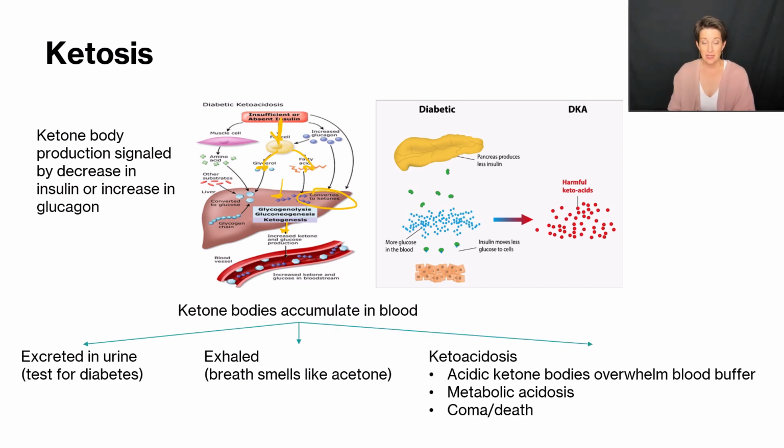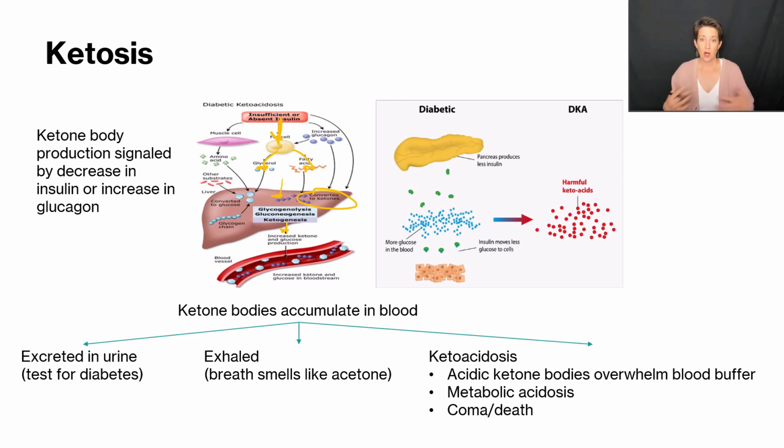And then the effect that these ketone bodies can have is ketoacidosis. Ketoacidosis is when these acidic compounds, remember I told you to remember that they have these carboxylate ions, and those carboxylate ions are acids, react and interact with the buffer that's in our blood.